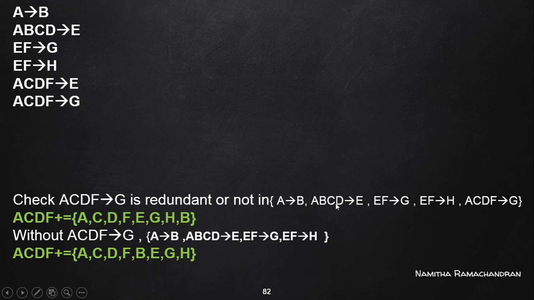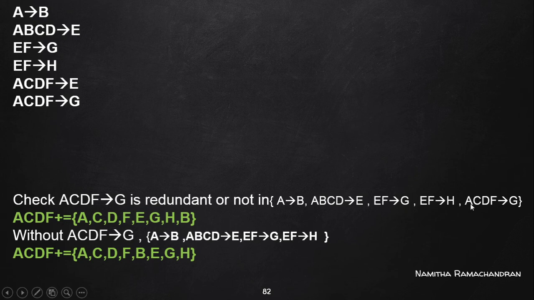A implies B, ABCD implies E, EF implies G, EF implies H and ACDF implies G. In the previous step we concluded that this one is redundant, so eliminate it immediately from the set. Now the set becomes like this.